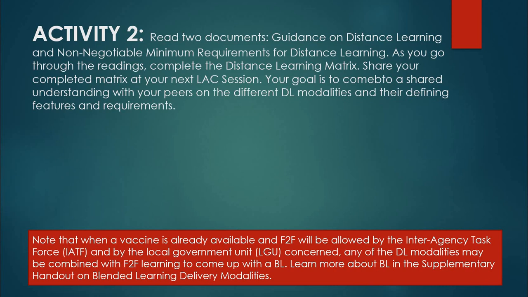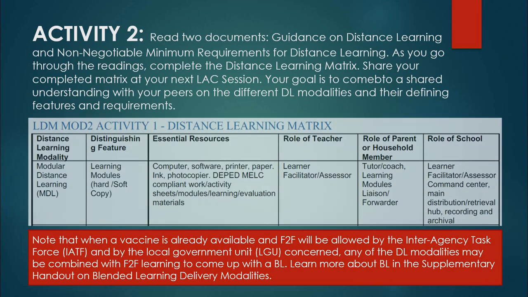And for you to have an idea, this is what we call the LDM Module 2 Activity 1 Distance Learning Matrix. We are now in Activity 2, but this is an example of a distance learning matrix. We have the distance learning modality, for example the modular distance learning or MDL.